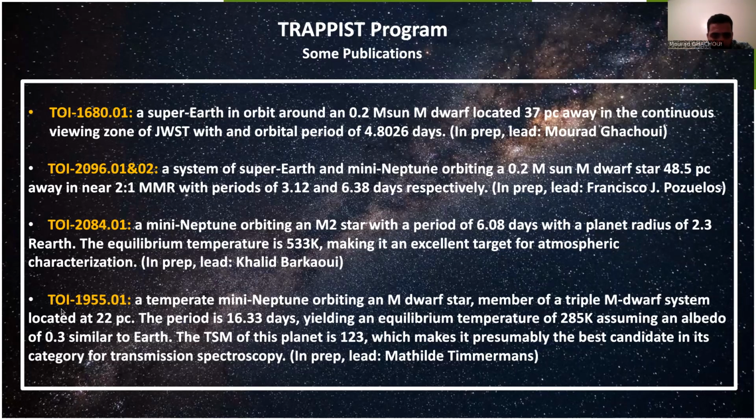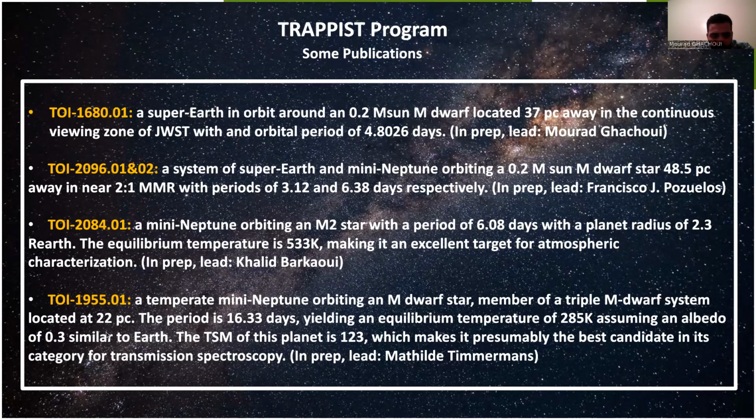We have also TOI 1955, which is a mini-Neptune orbiting an M dwarf that is a member of a triple M dwarf system located at 22 parsecs.